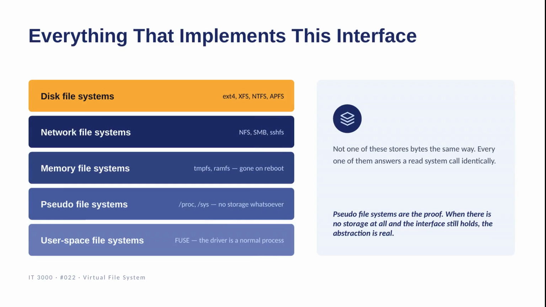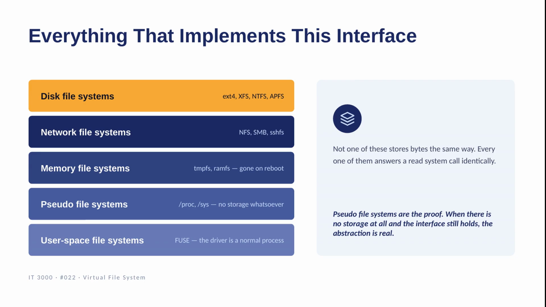Now, who actually implements this interface? Just about everything. Your traditional disk file systems, ext4, XFS, NTFS, APFS, each with completely different on-disk layouts. Network file systems like NFS or SSHFS, where the bytes live on another machine entirely.